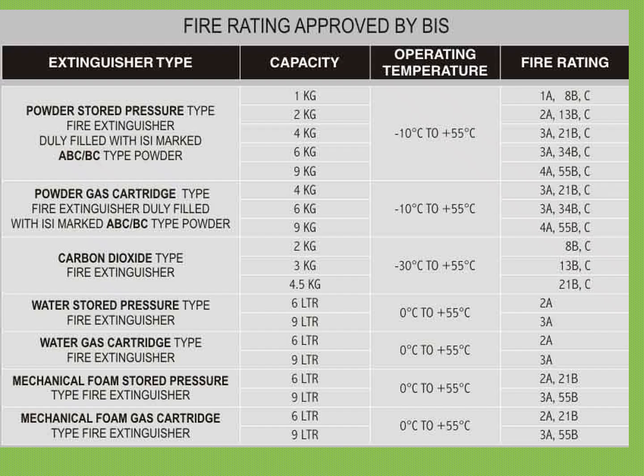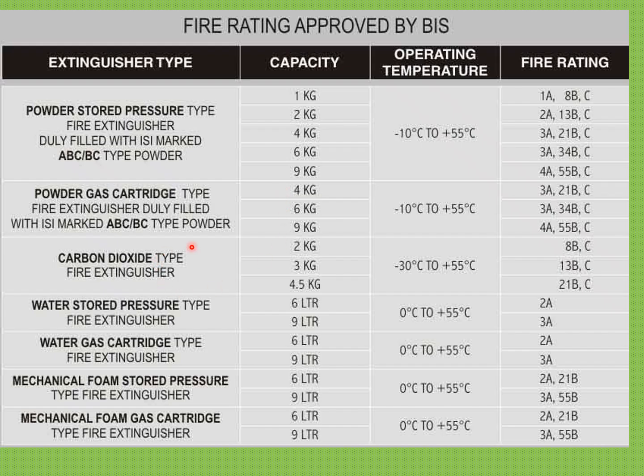Now the different important types of extinguishers are stored pressure type fire extinguishers duly filled with ISI mark ABC or BC type powder. This is available from 1 to 9 kg rating. Powder gas cartridge type is available from 4 to 9 kg.